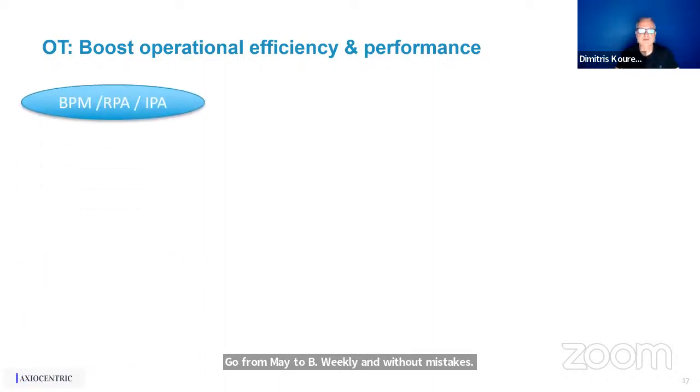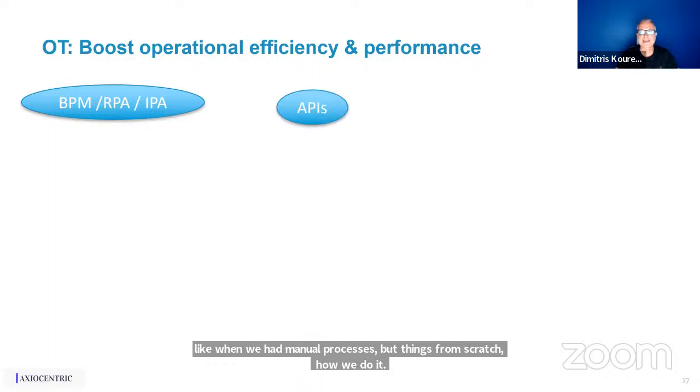So this is where we talk about robotic process automation or intelligent process automation, how we change our processes from manual to automated, but not necessarily following exactly the same steps as when we had manual processes, but thinking from scratch how we do it. That's the intelligent process automation.